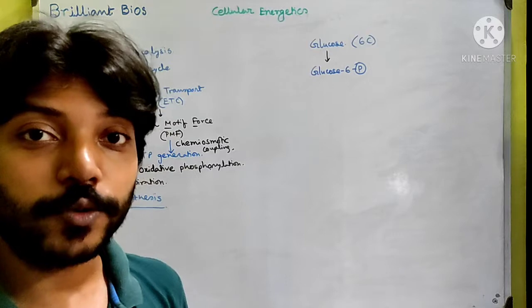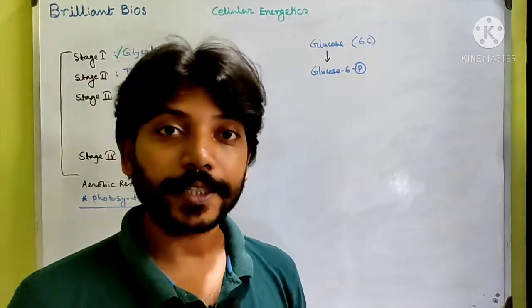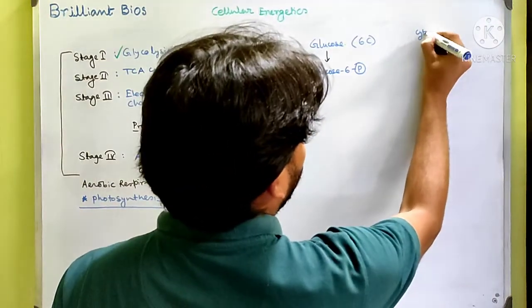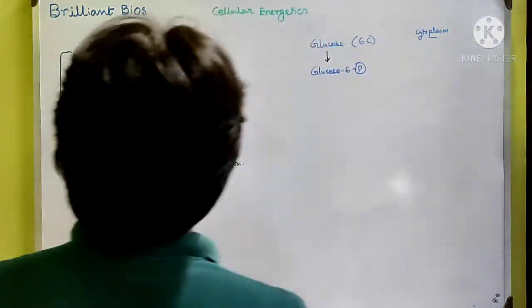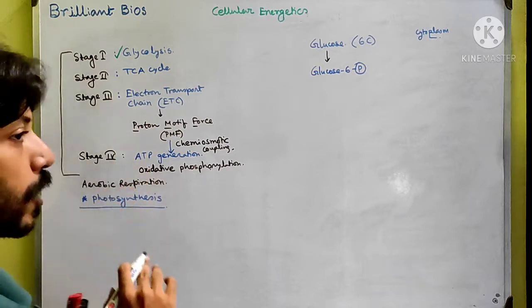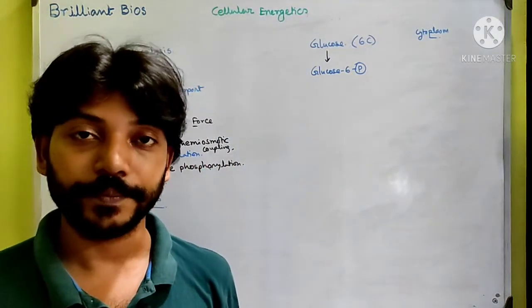Now I will tell you some basic information about glycolysis also. This glycolysis process occurs in the cytoplasm. You have to understand this. Cytoplasm. Stage 2, stage 3 and stage 4 occur in the mitochondria. This glycolysis process occurs in the cytoplasm.